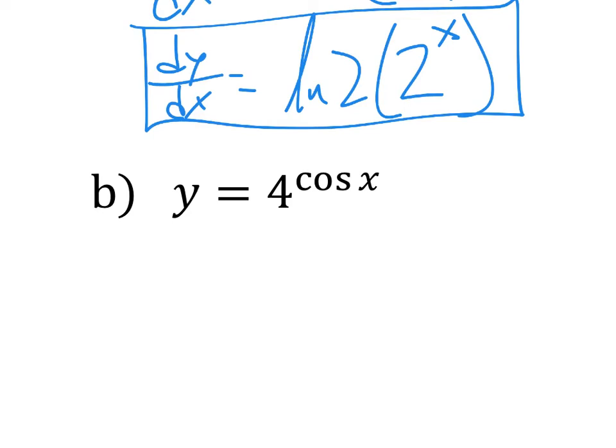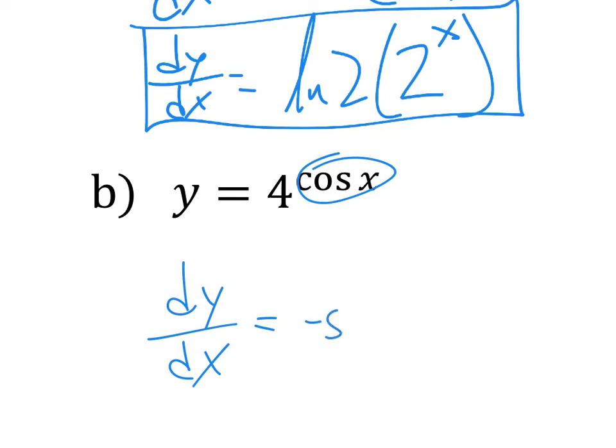All right, so how about this one? dy/dx. Well, if this was an e, it's not, but if it was, we would take the derivative of the inside. The derivative of cosine is negative sine. And then we would just take the derivative of the whole, which for e to the x is just the same thing, right? 4 to the cosine of x.